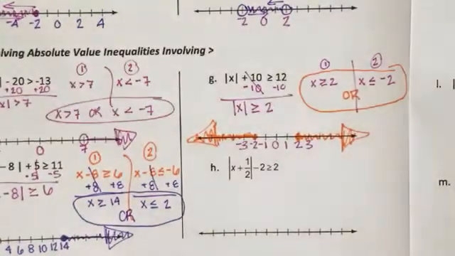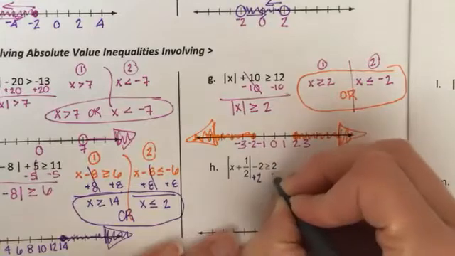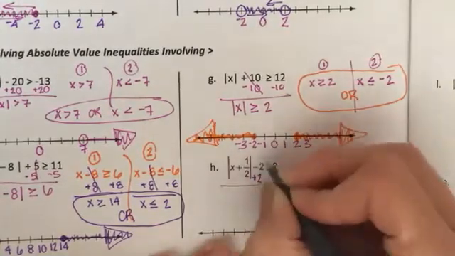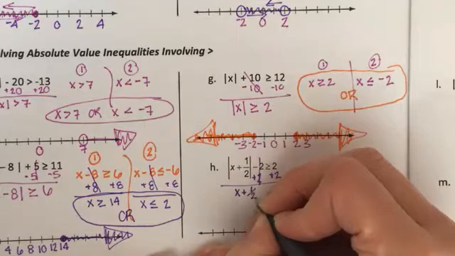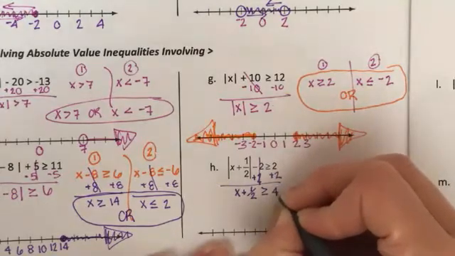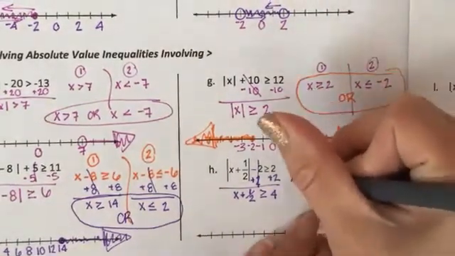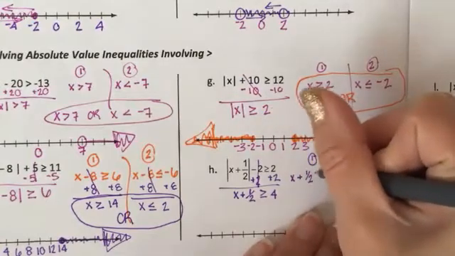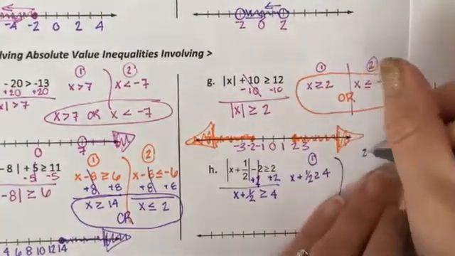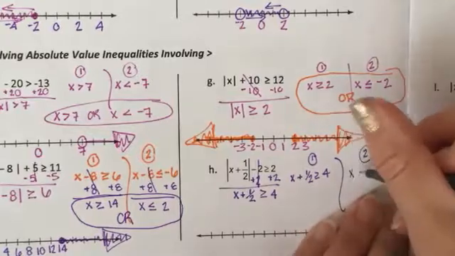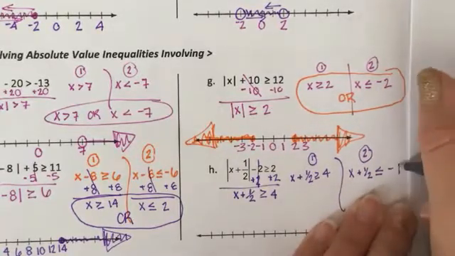Next one here. First step is always to get absolute value by itself. So I have to add the 2 first. Then I have x plus 1/2 is greater than or equal to 4. Case 1 looks exactly like that. Case 2 is x plus 1/2 is less than or equal to negative 4.